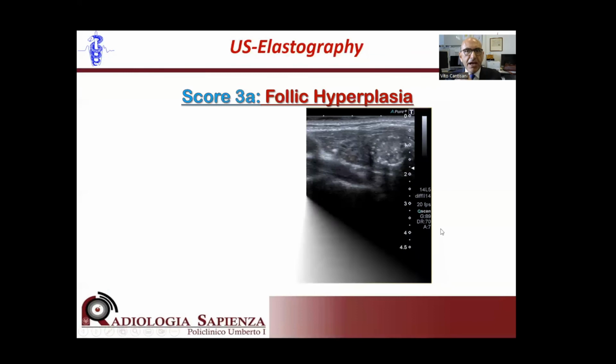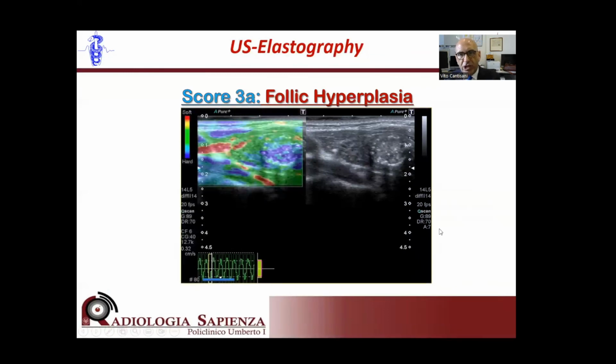But if I ask you, how do you rate this lesion? Some of us would say 3A, some others 3-4, 3B, or 4. And unfortunately, the first one corresponds to a soft lesion, the other ones correspond to malignant, and therefore to a stiff lesion.